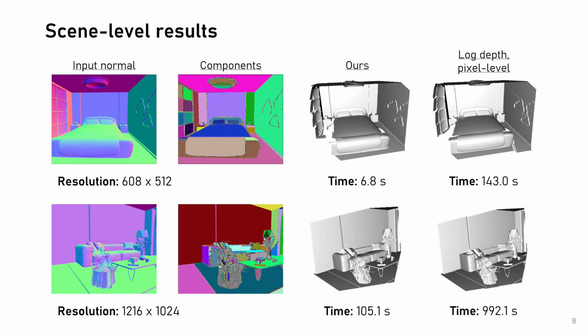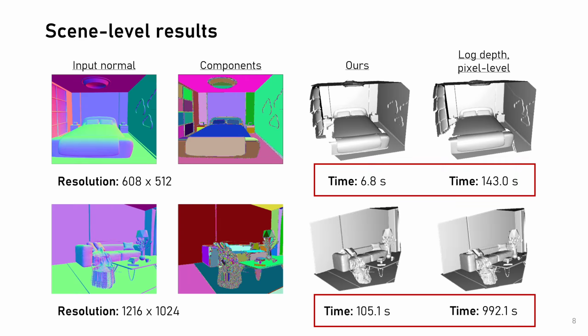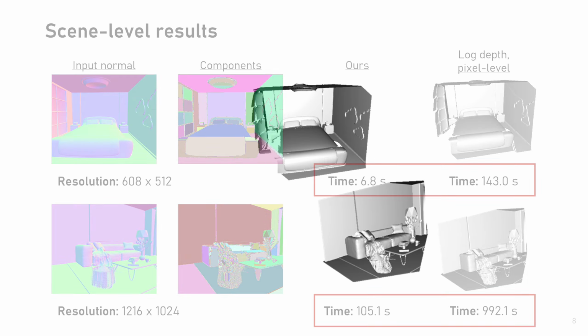Our method achieves state-of-the-art results on the standard object-centric benchmark DiLiGenT in as little as a few seconds. We show here some example outputs on scene-level normal maps, where the advantages of our approach are even more evident. The crucial aspect is that our method achieves runtime one order of magnitude smaller than log-depth pixel-level methods.